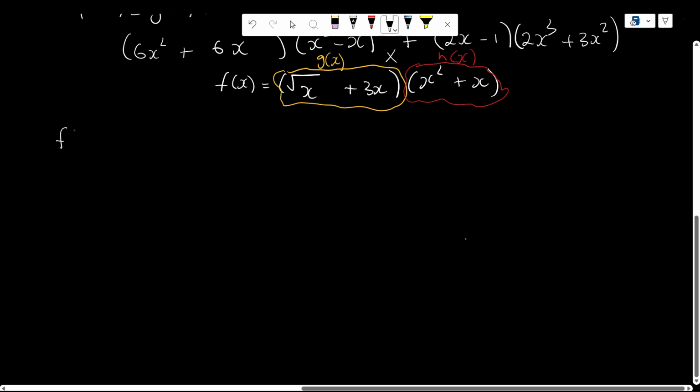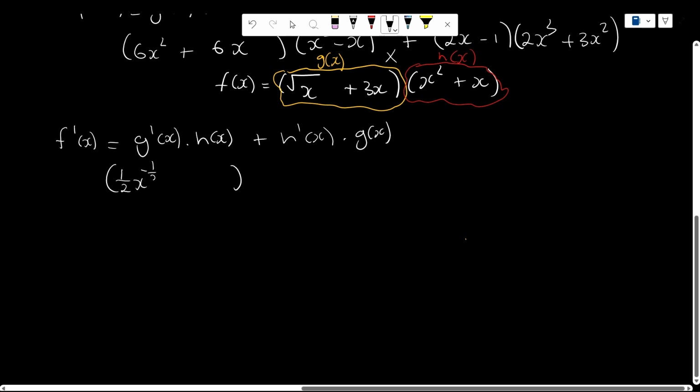Therefore our formula is given as f prime x is equal to g prime x times h(x) plus h prime x times g(x), right? So here again we can differentiate this function here inside. The derivative of that will give us a half x raised to the power negative a half.